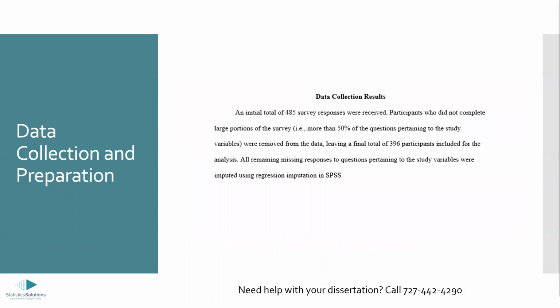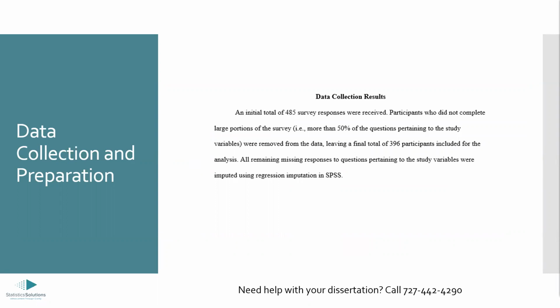And so now let's just take a look at some examples of how you might write up the data collection portion of the results chapter. So here we just have an excerpt where we state, again, the initial total number of participants that we had, so the total number of survey responses.